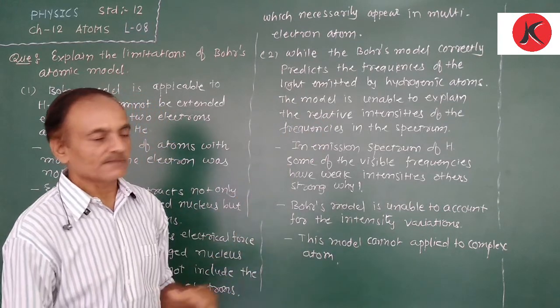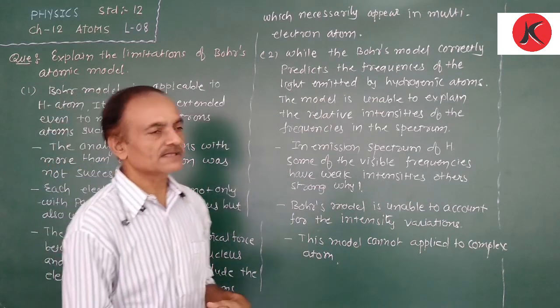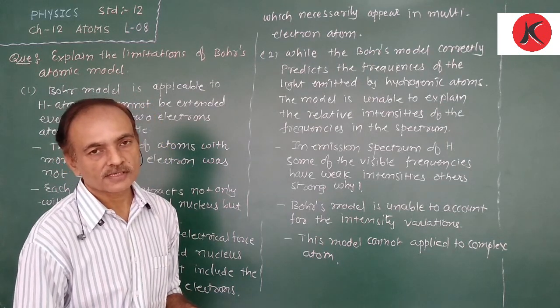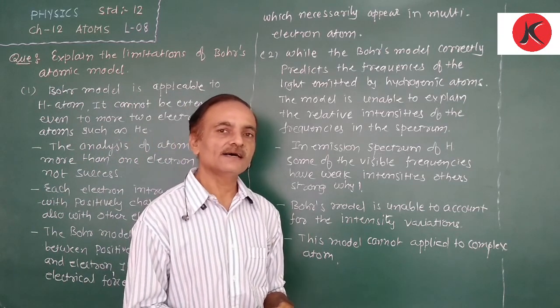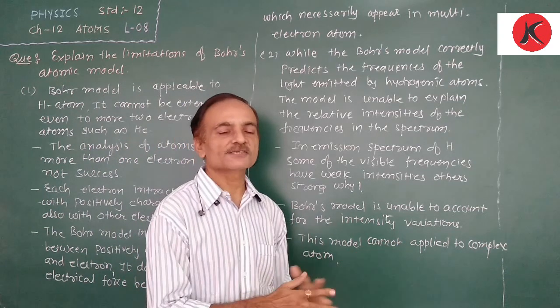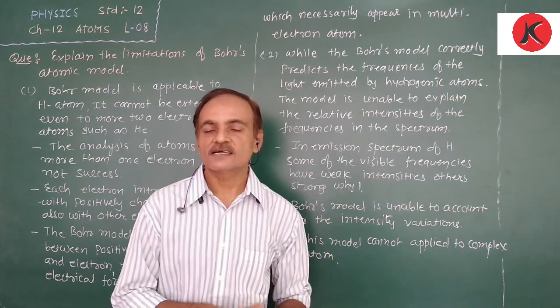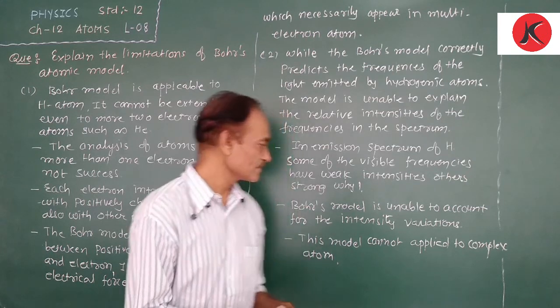In the emission spectra of hydrogen, some of the visible frequencies have weak intensity, others strong. That cannot be explained by Bohr's atomic model. Why are the intensities of the spectral lines not the same? Some lines have less intensity, some have strong intensity.